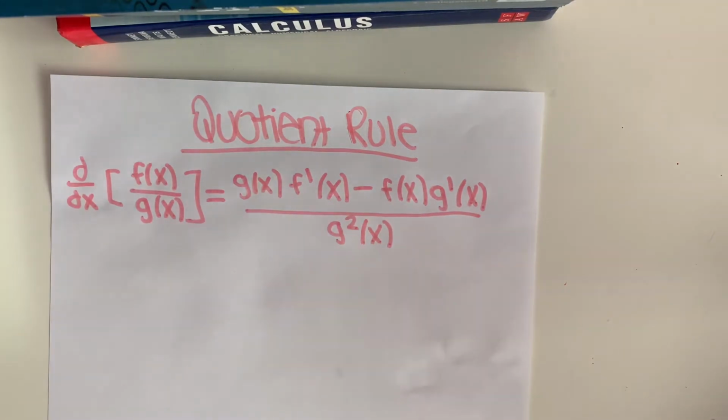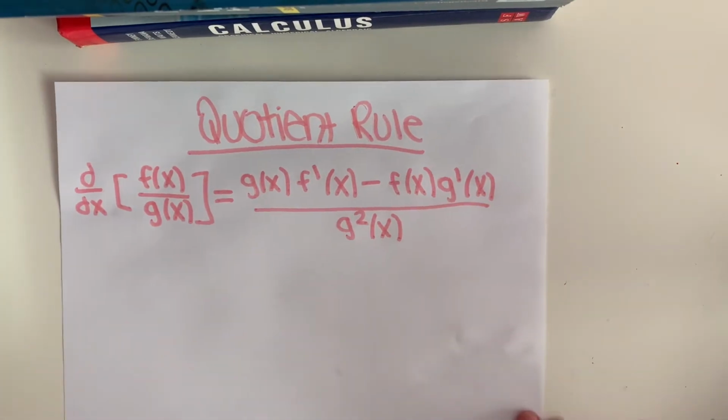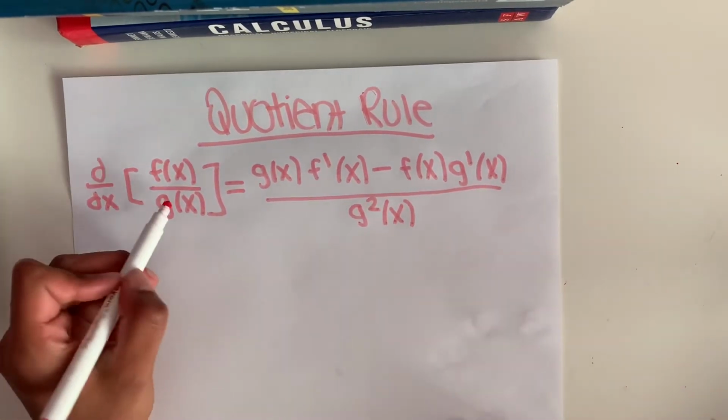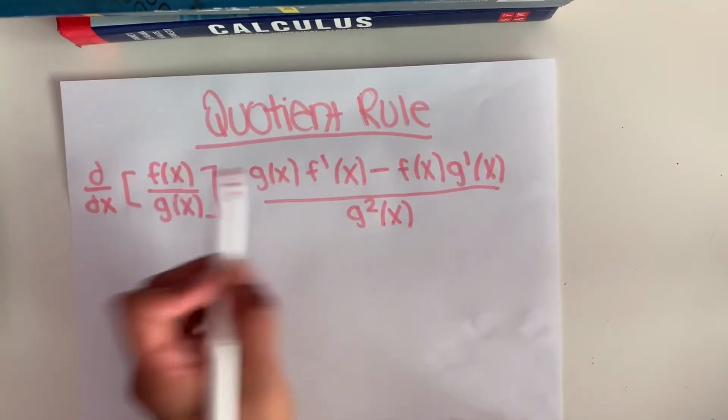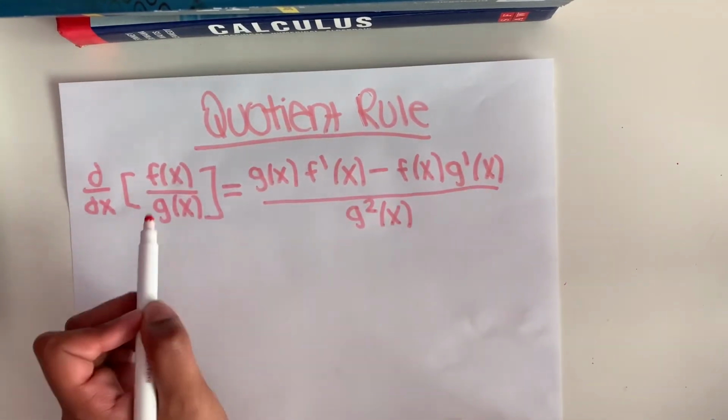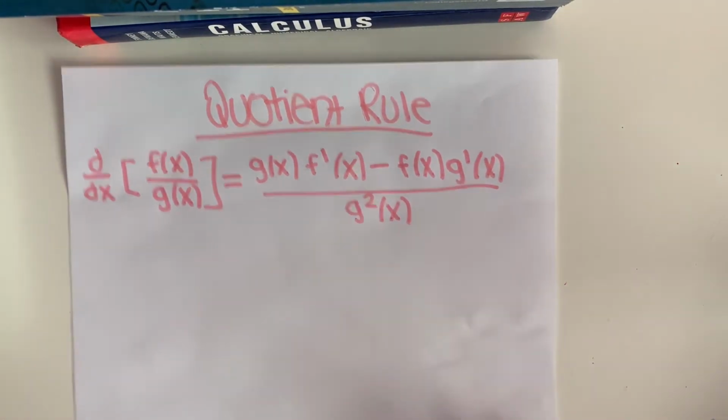So that would be g squared of x. As you guys can see, that was pretty simple. Just remember, I can go through this again. Low times the derivative of the high minus high times the derivative of the low, all over low squared.